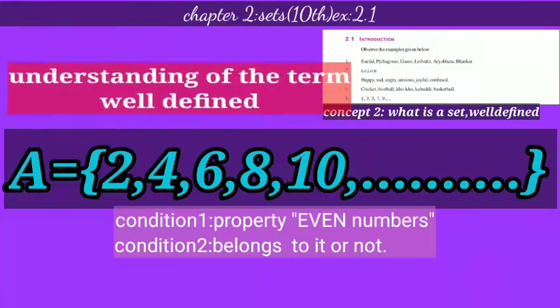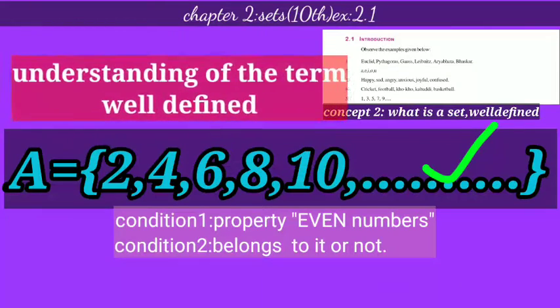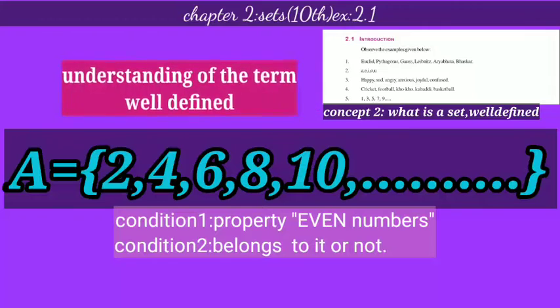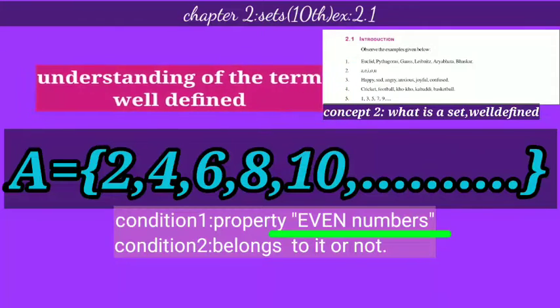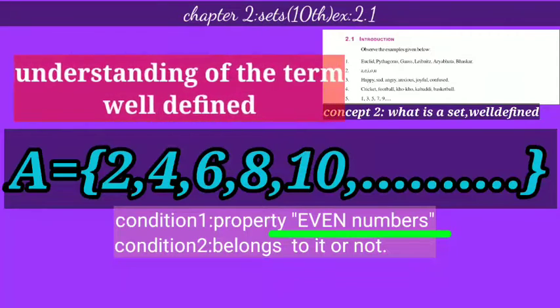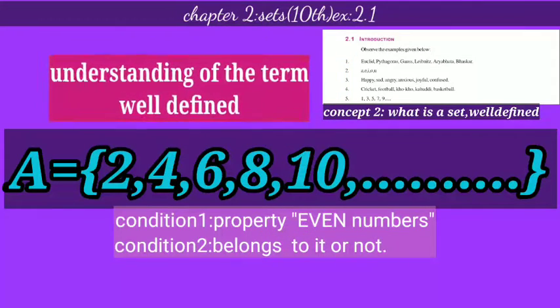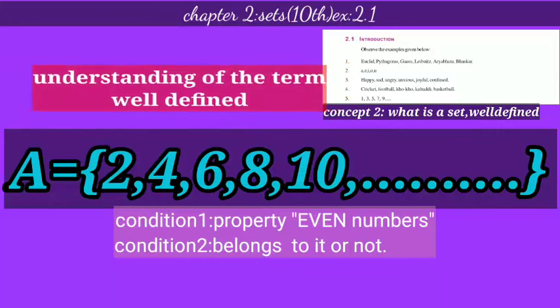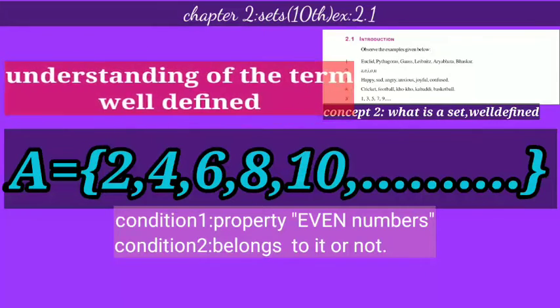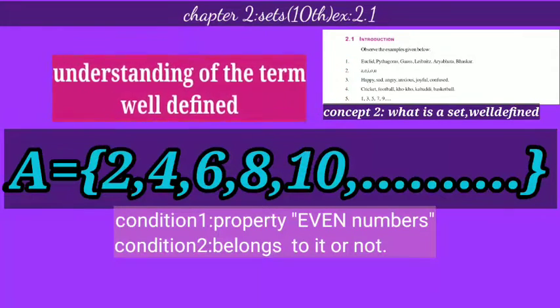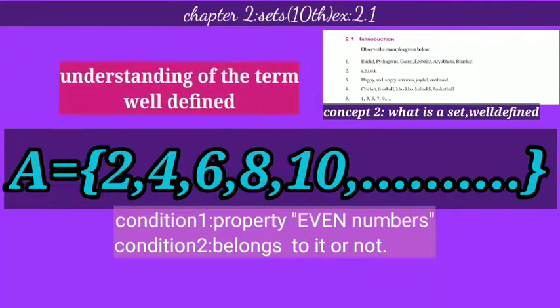So here set A is a well defined set because it holds a common property, even numbers, and we can say whether any number belongs to it or not. Only even numbers will be in it, and all the rest, that means odd numbers, are simply not in it. So that is well defined.